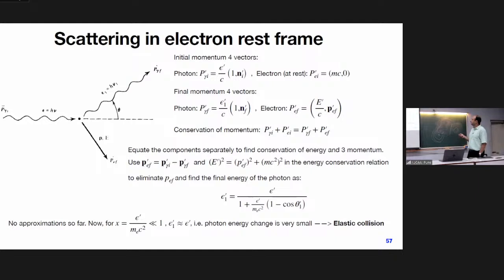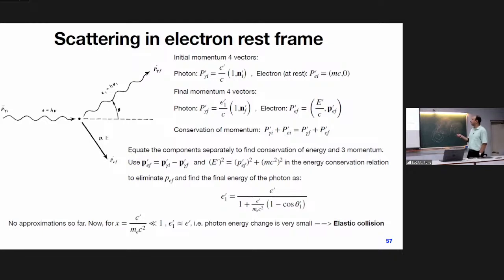If you write all of this down, you can do this as a fun exercise. You will find that the scattered energy of the photon, E1 prime, can be expressed in terms of the incident energy of the photon, epsilon prime, and the angle of scattering, theta 1 prime.